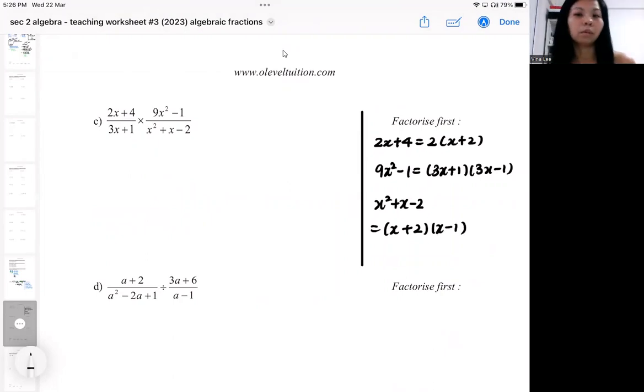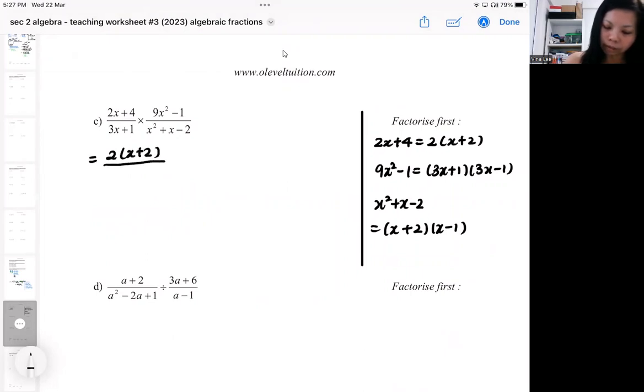You don't need to do much and you can do this mentally already. Then I will change everything, so everything changes to brackets. So you've got a lot of products everywhere.